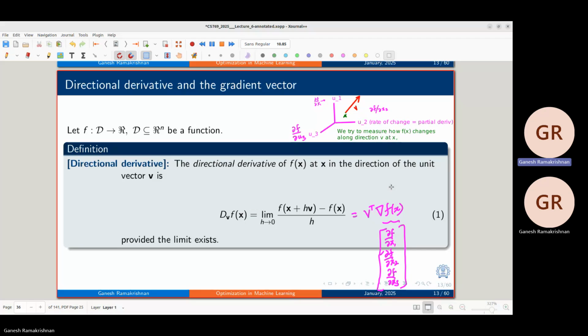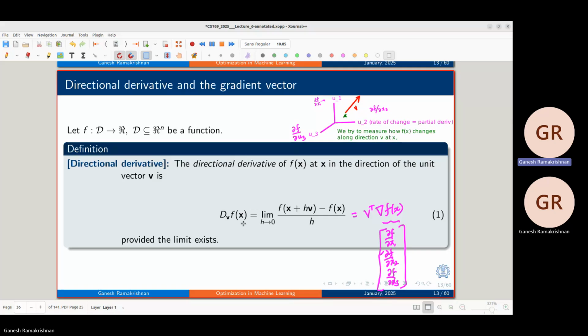The change that this function has along the direction v. This was the direction v in white. This is the direction of maximum increase of the function. This dot product is projecting the direction of maximum increase on the direction vector along which you want to change the rate. So I hope this is clear to everyone.